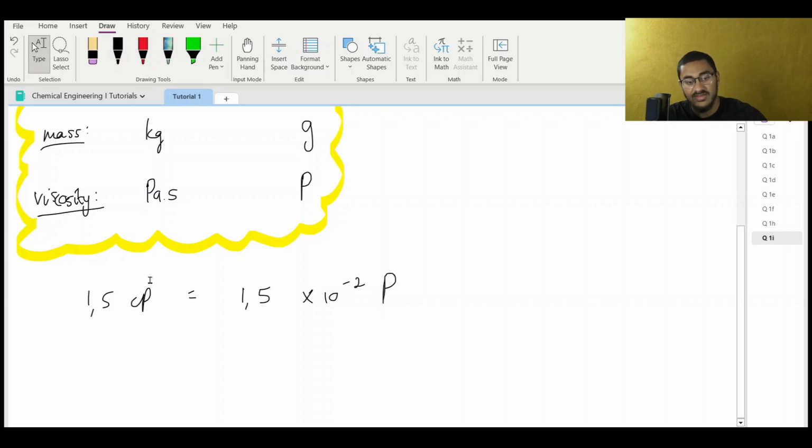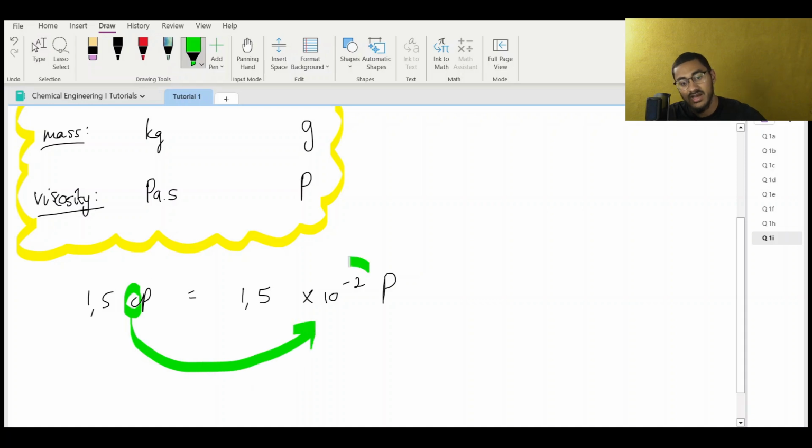So 1.5 cp is exactly the same as 1.5 times 10 to the minus 2 poise. So all I did was I replaced the C here with times 10 to the minus 2. And then if we go back to what our data sheet says, we know that 1.5 times 10 to the minus 2 poise is the same as 1.5 times 10 to the minus 2 grams per centimeter per second.